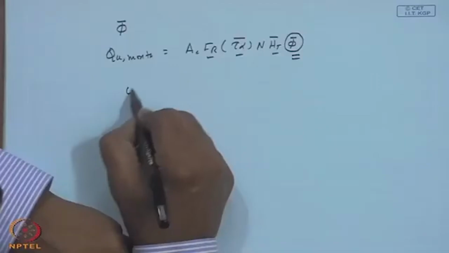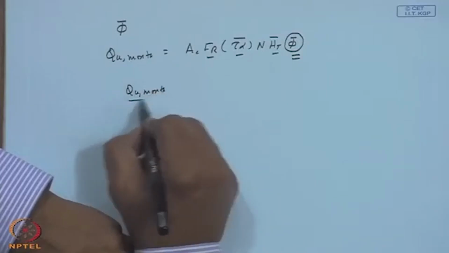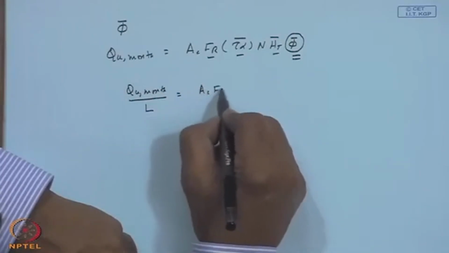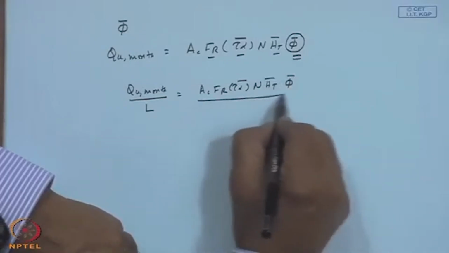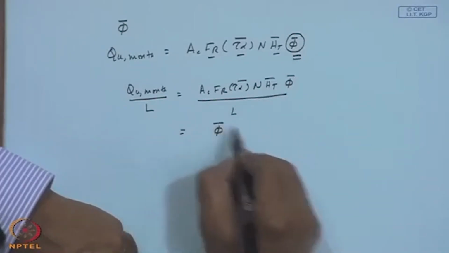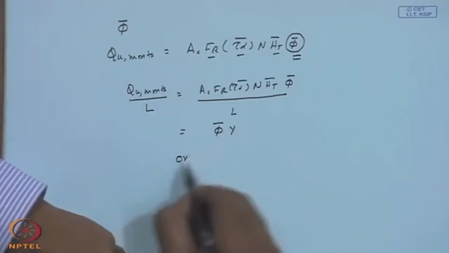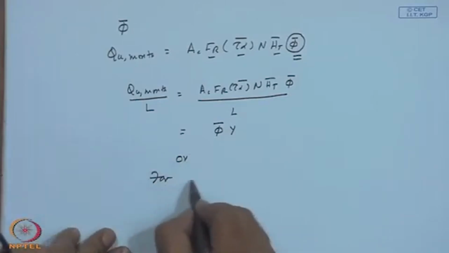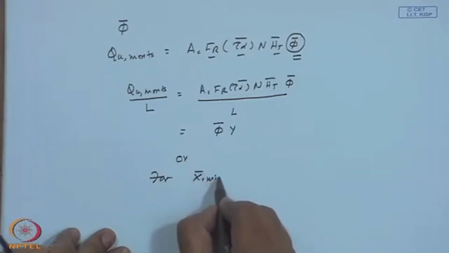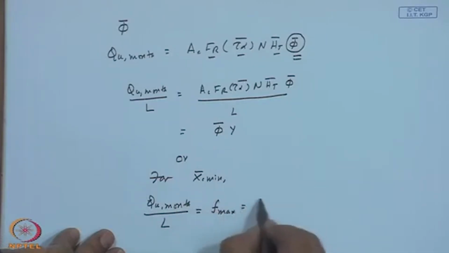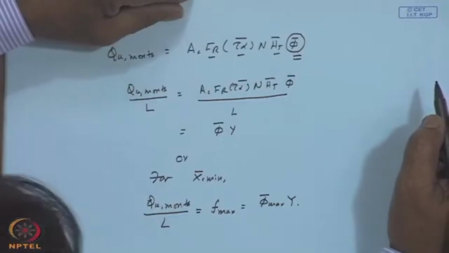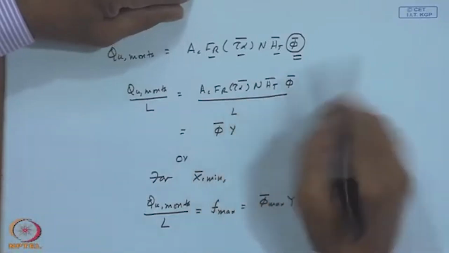Now, if you recall the definition of the non-dimensional absorbed energy, F r tau alpha bar n h t bar by L is nothing but my y.